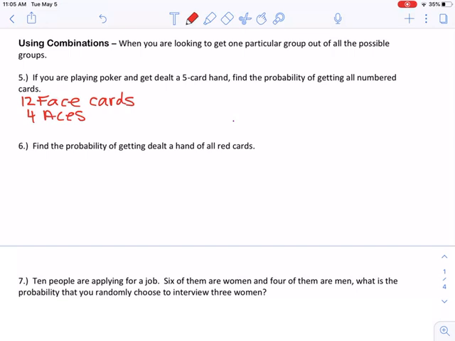There are 52 cards in the deck. So if I take 52 minus 16, that means that there are 36 numbered cards. We've got the 2 through 10 of the hearts, the diamonds, the clubs, and the spades.